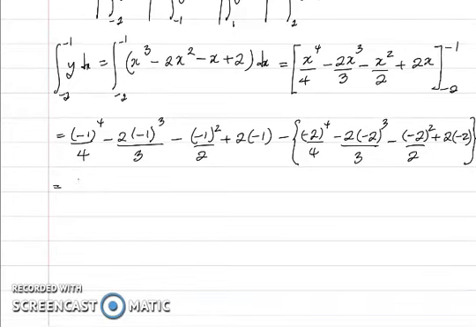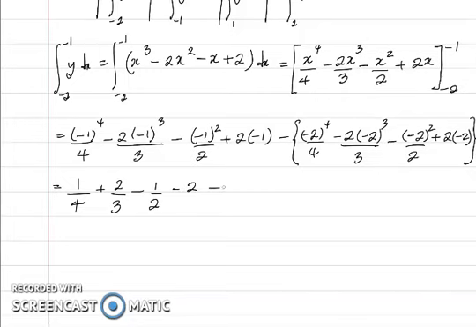So this is 1 over 4. Whenever you raise a negative number to an even power, the answer comes out positive. This is also positive 2 over 3. This is -1 over 2 minus 2.